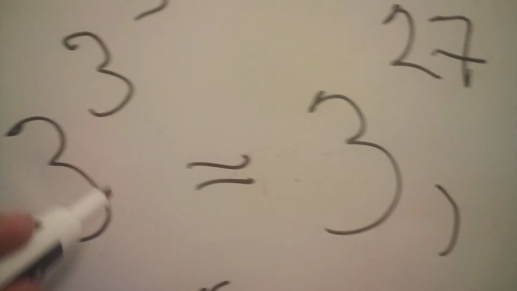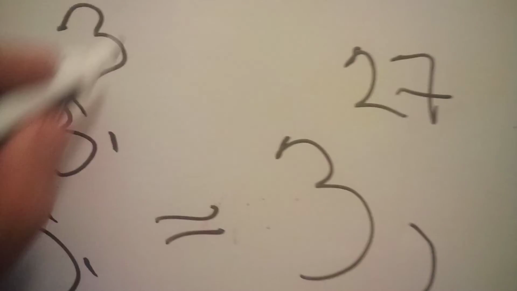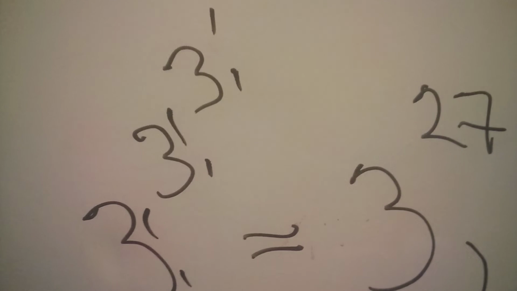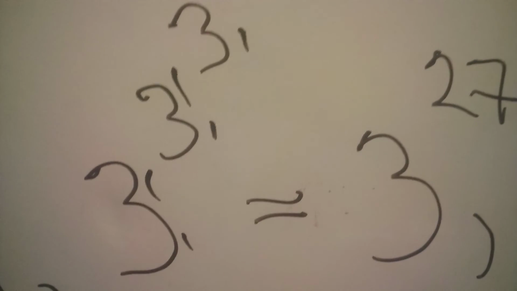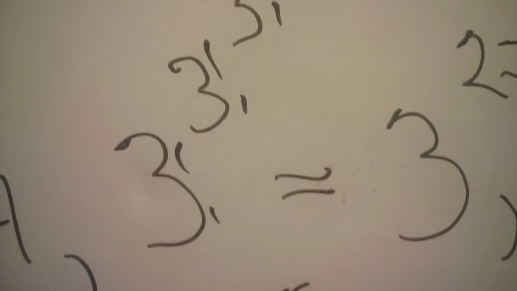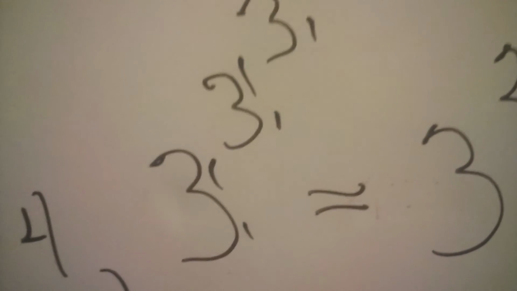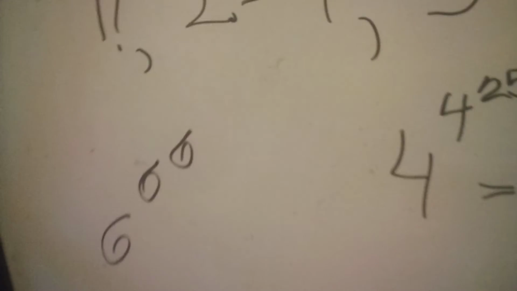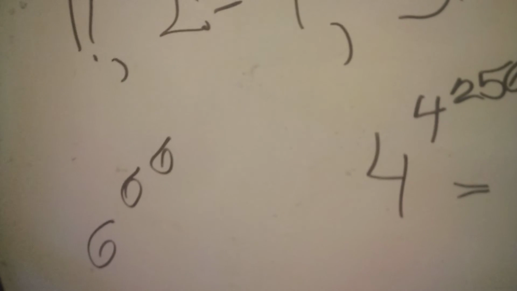And for the third enhanced Ackerman number, we have 3 factorial to 3 factorial to 3 factorial. Now 3 factorial is 6. So what this amounts to is 6 to the 6th to the 6th, which is a pretty sizable number.